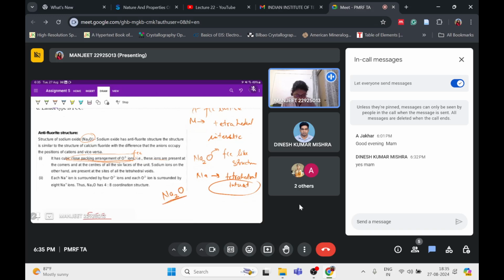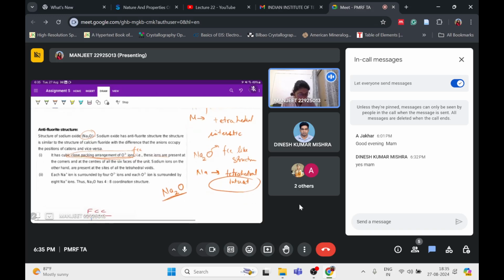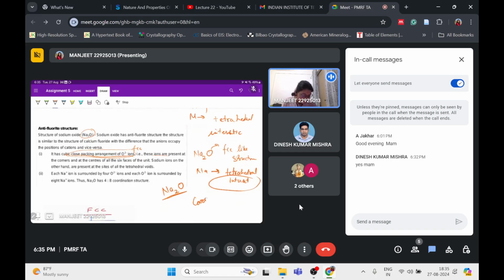In the fluoride we have seen the coordination number is 8:4, as we discussed in the last question.